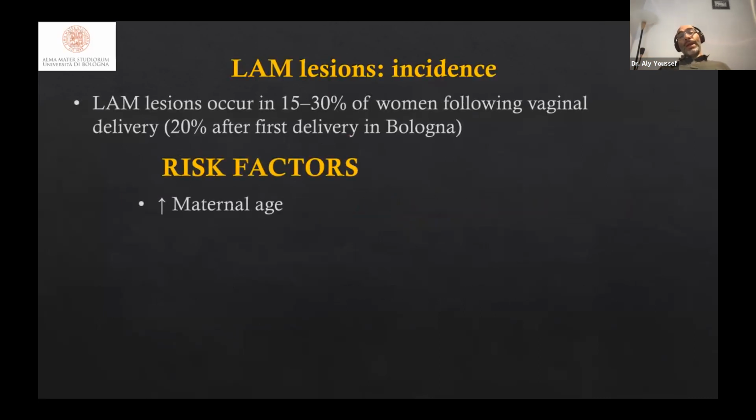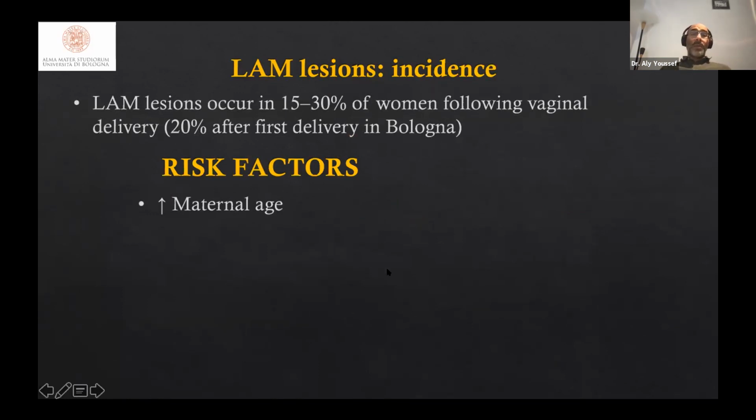So what is the clinical relevance of pelvic floor lesions? First of all, the incidence: approximately 1 out of 4 women in their first delivery will have damage to their levator ani muscle.